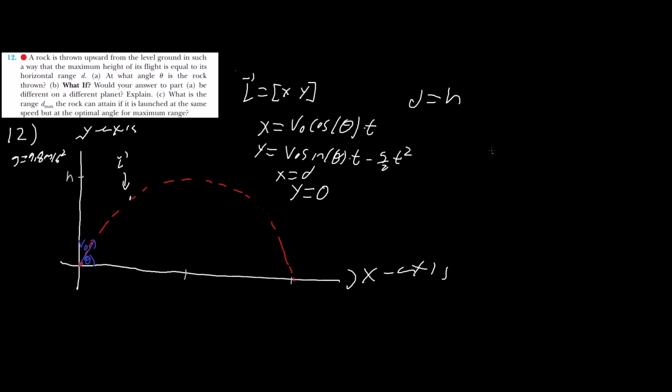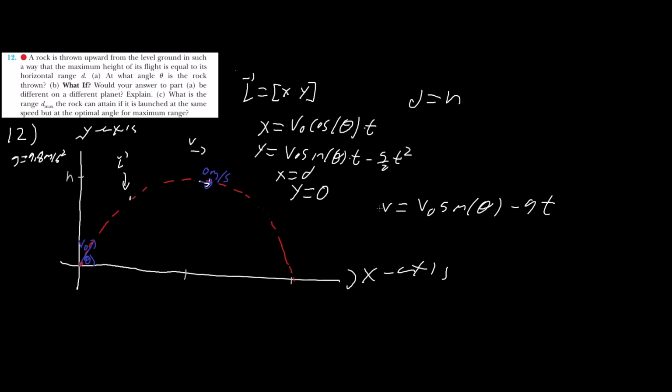So once you've got your one equation, I'm going to find the time it takes where the slope is going to be 0 meters per second. In order to do that, we know that the final velocity is going to be the initial velocity, v naught sine of theta, minus g t.